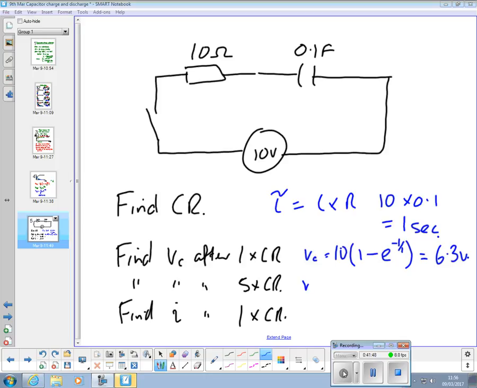Here, VC is 10 times 1 minus e to the power of minus 5 over 1, after 5 time constants, so after 5 seconds. Do that one. I believe you'll get 9.99 volts.